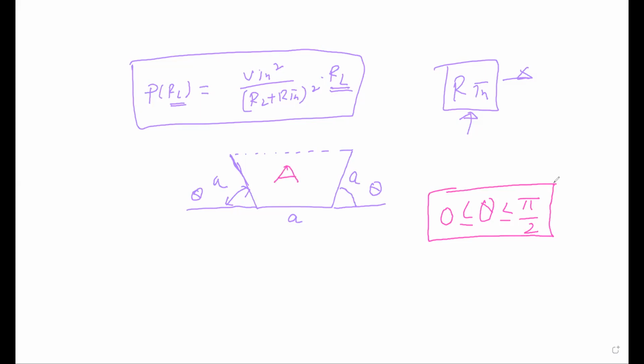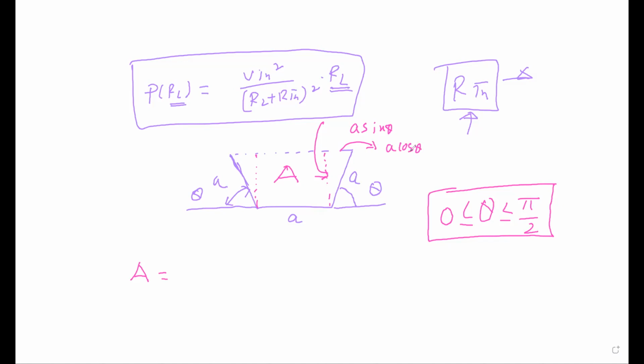Let's say this area is A. What is the length of this side? This side equals A sin theta. Fine, very good. And this is A cos theta, is it not?